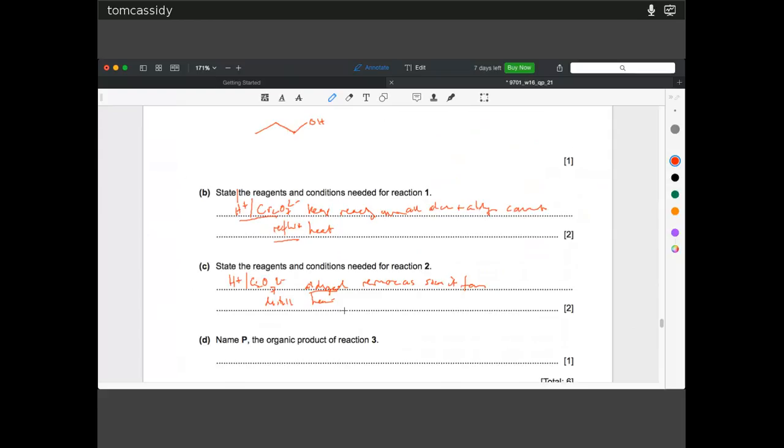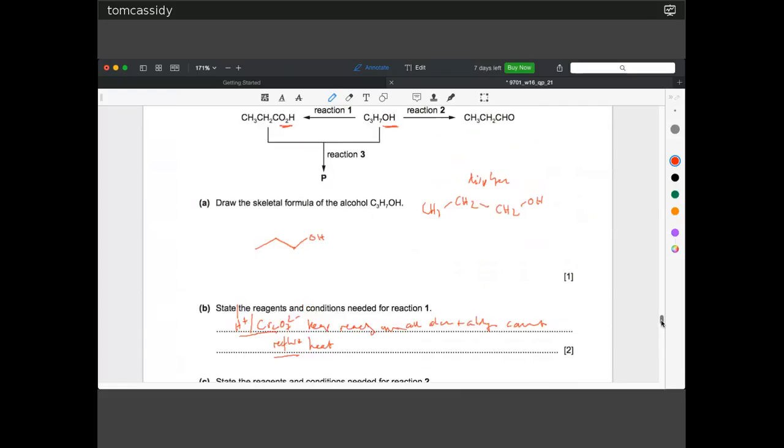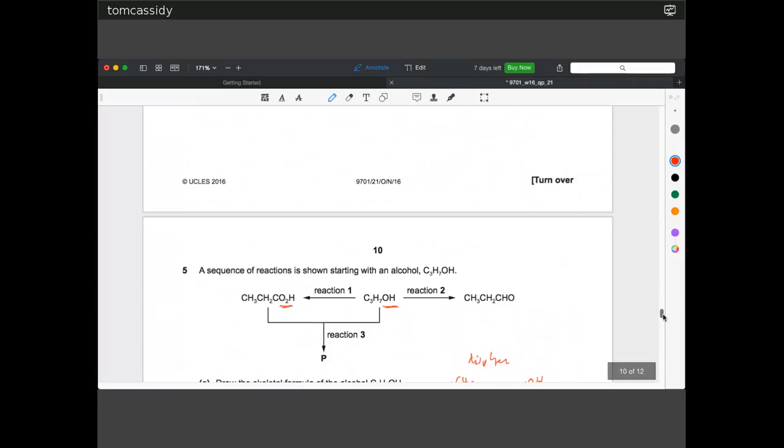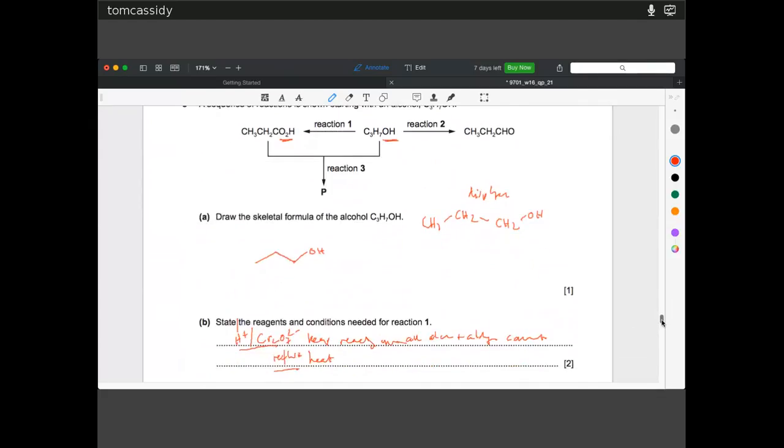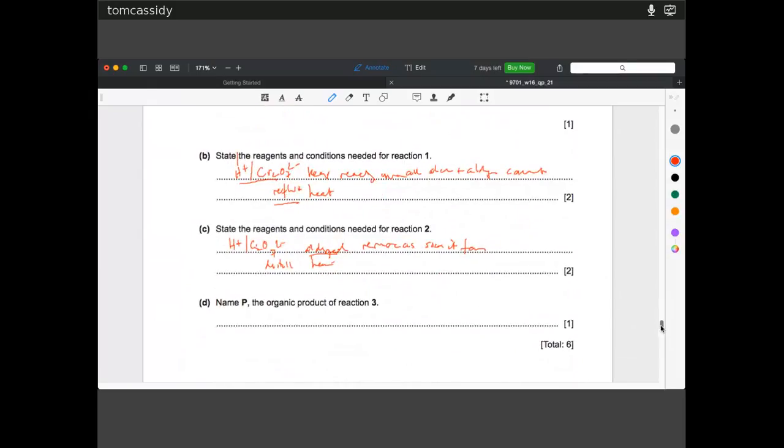And finally, we've got to look at reaction number 3, if I can scroll back up. You're looking at the reaction between a carboxylic acid and an alcohol. And that's actually just pretty good GCSE knowledge. Carboxylic acid and an alcohol makes an ester.